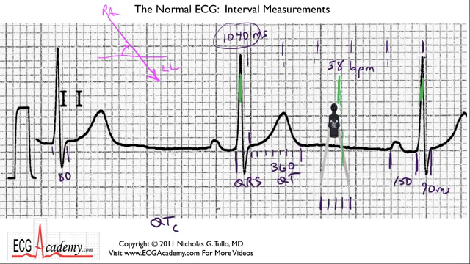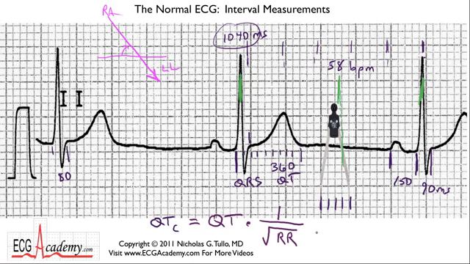So how do you correct the QT interval to account for the heart rate? Well, the corrected QT interval is equal to the QT interval that you measure times 1 over the square root of the R to R interval, and that's in seconds.